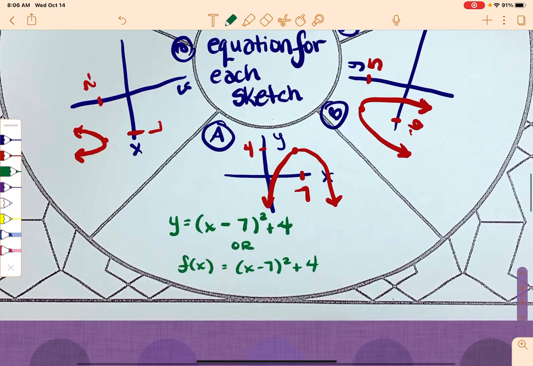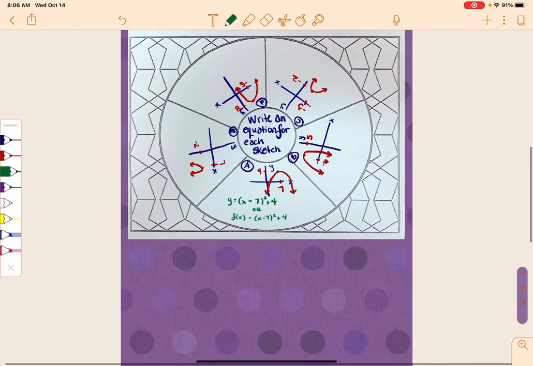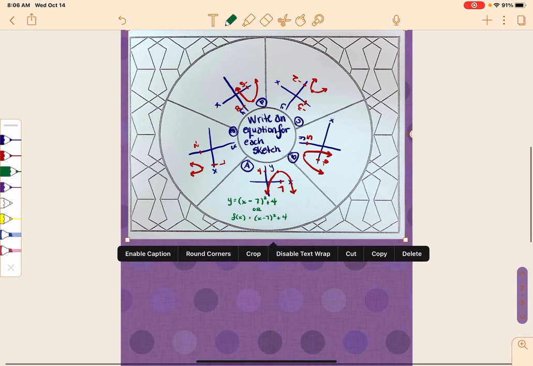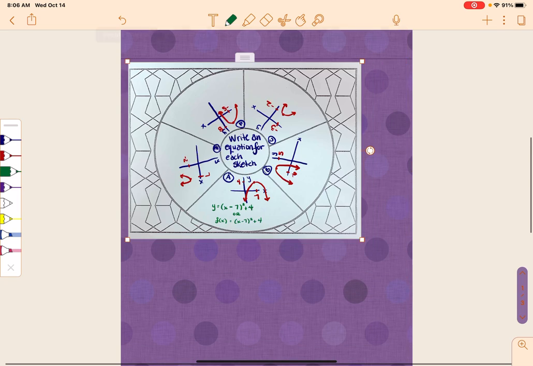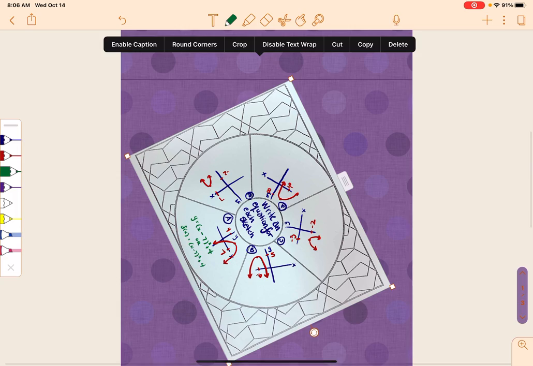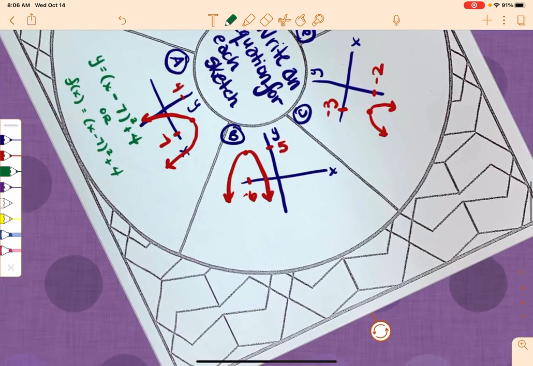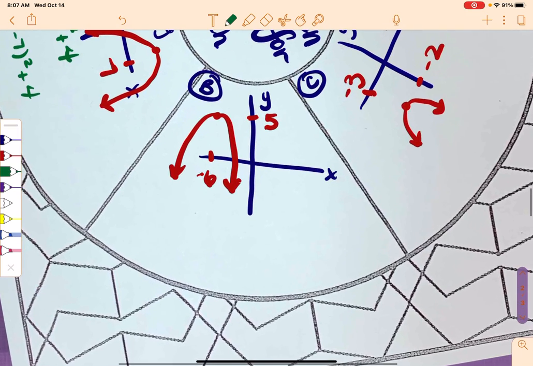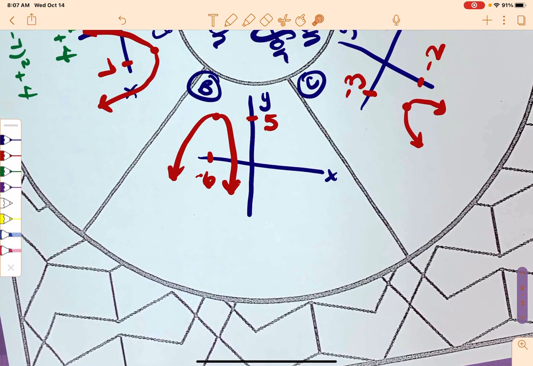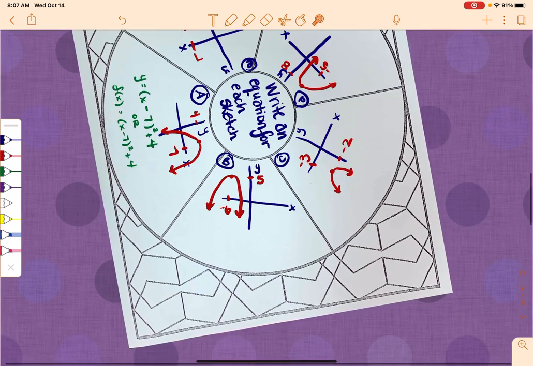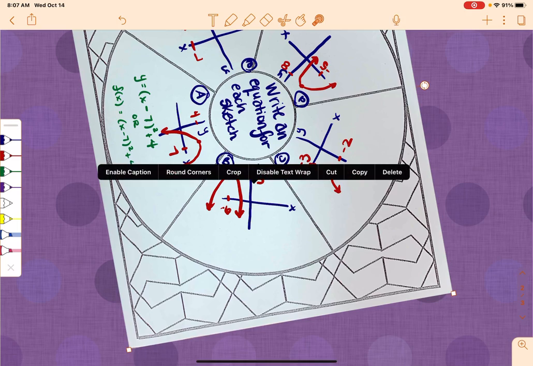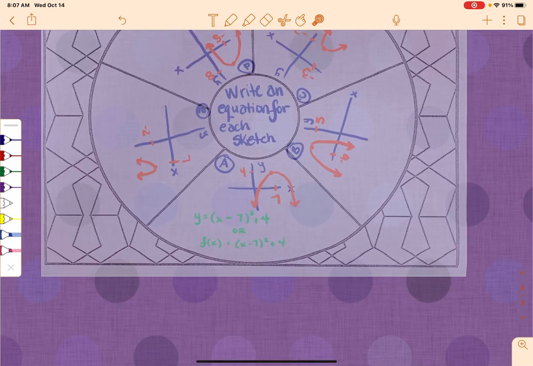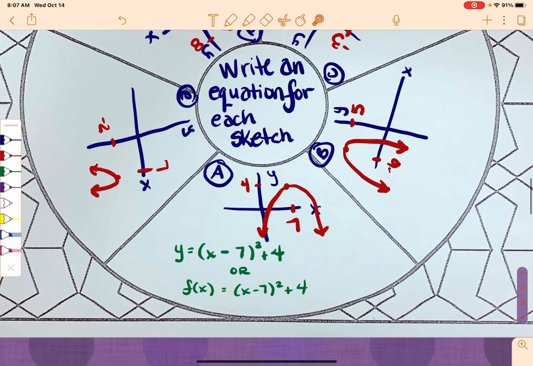Okay, let's keep going here. Okay, so on this one, I can tell there are two shifts that happen. One that goes up 5. Oops. Can I back up for 1 minute? I forgot something on the last one. On the last one, we talked about that it opened down, right? We could tell that.